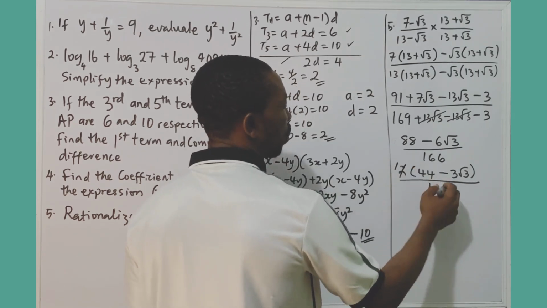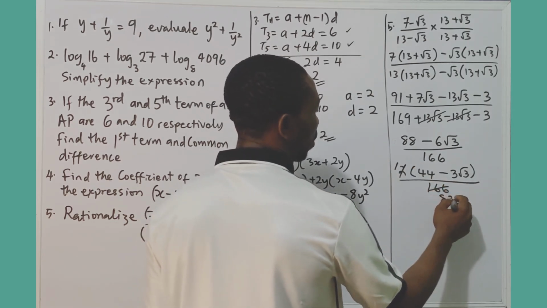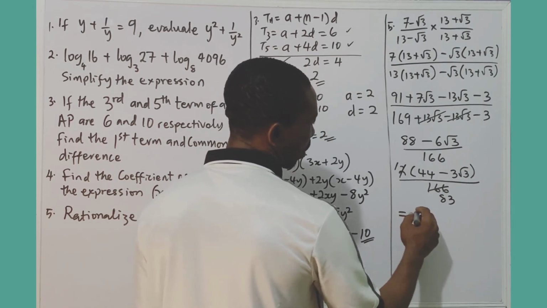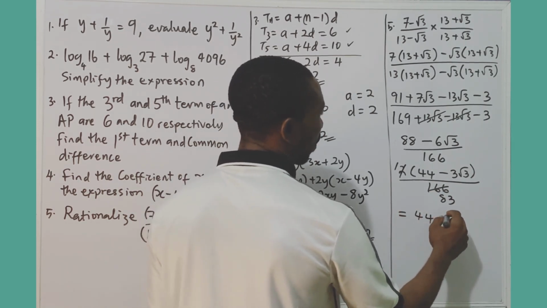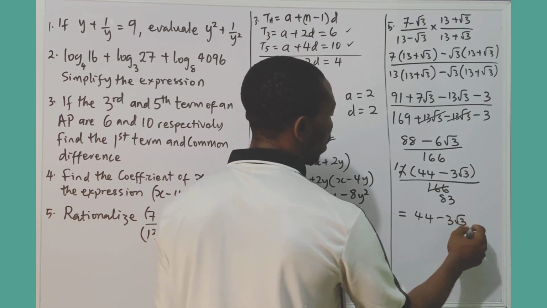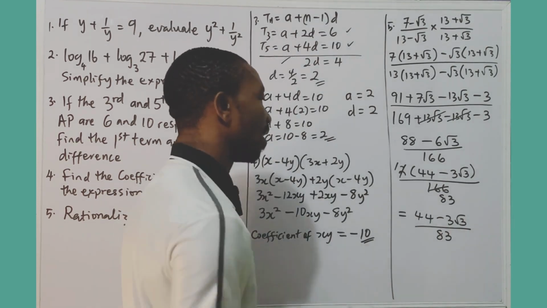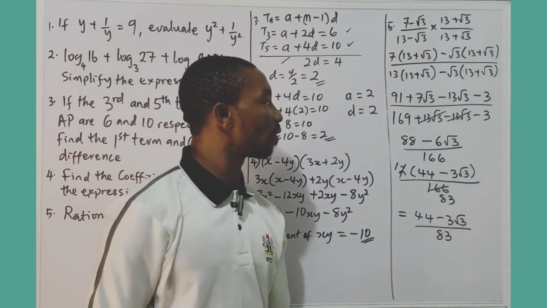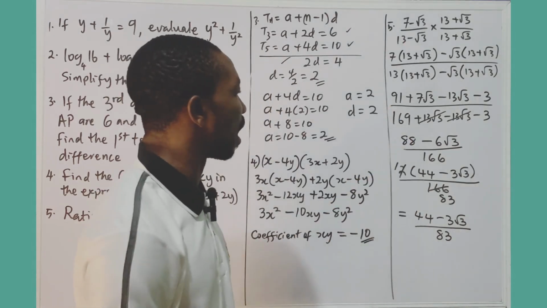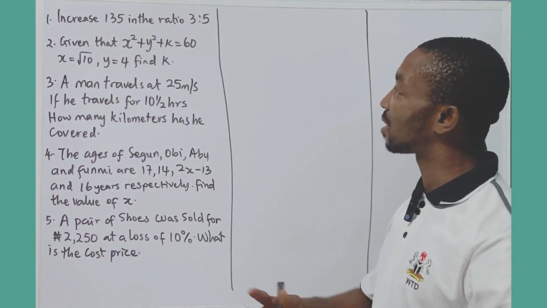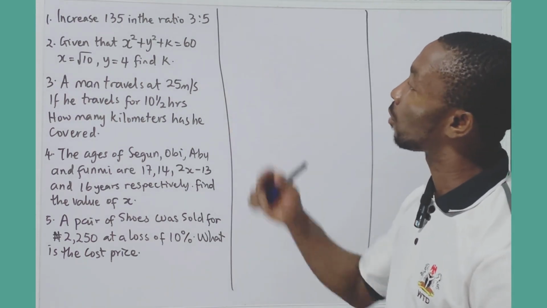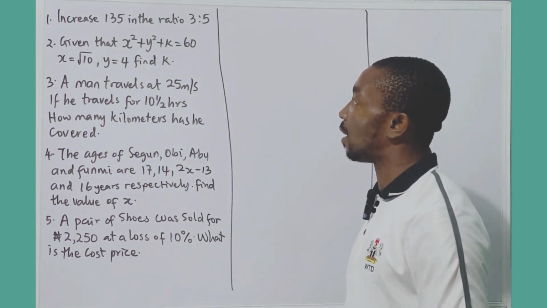So 2 here 1, 2 here 83. So our final answer becomes 44 minus 3 root 3 divided by 83. Okay, with this, we've rationalized our question.